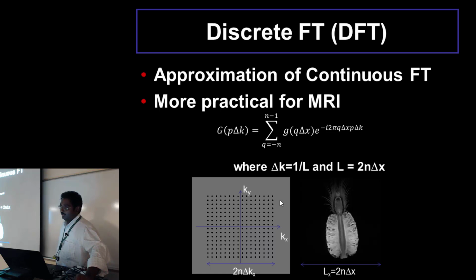When we talk about discretizing the signal, we haven't done that yet. So when we're jumping to that now, when we do the discretization, what is the relation of the Fourier transform that we would be using to get to your image space?